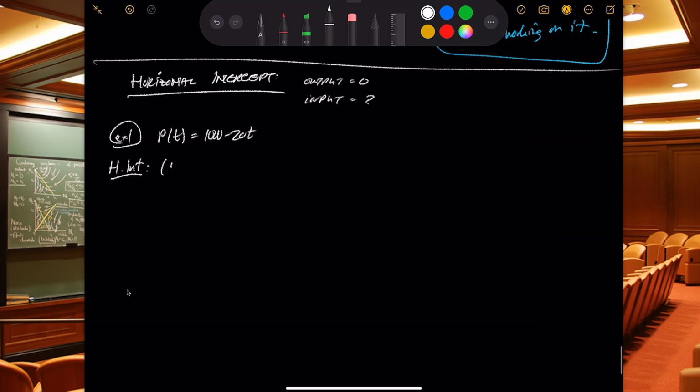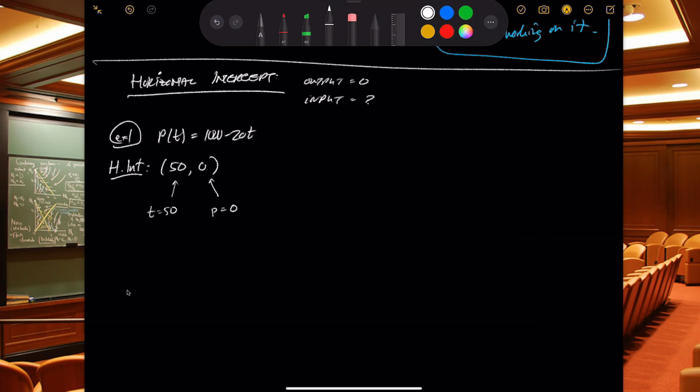Horizontal intercept was (50, 0). So what does this mean? Not P equals 50, you guys. T equals 50. P equals 0.